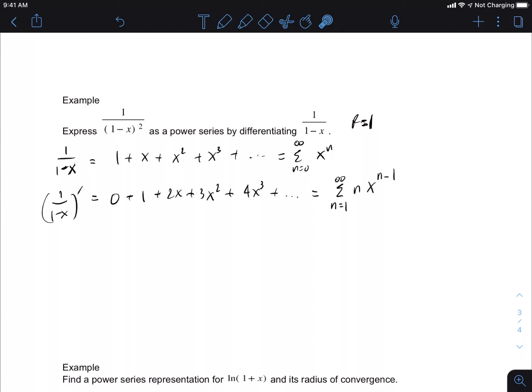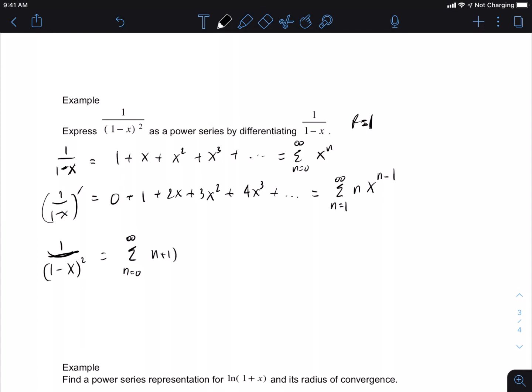So in order to generate our problem, what we're going to get is 1 over 1 minus x, that quantity squared, is going to be equal to, and we can shift over 1, I'll show you, n starting at 0, but since n is 0, that means we added 1 to everything.